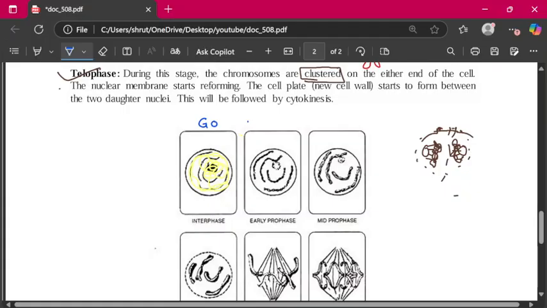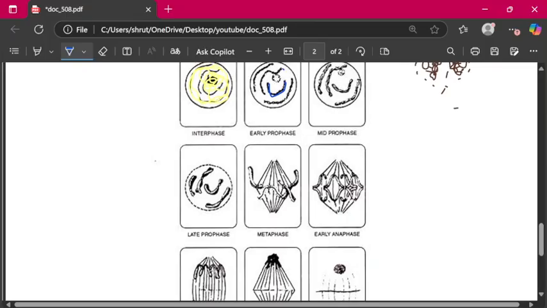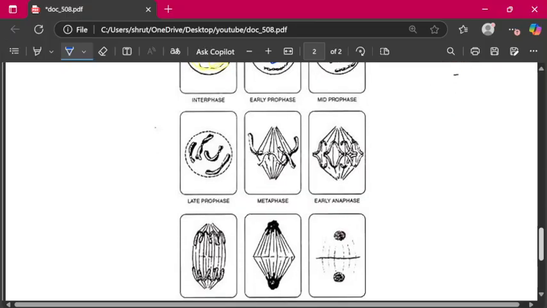In the early prophase, you can see the chromosomes in a condensed form, and in the mid prophase, you can see the chromosomes start to dissociate, or we can say start to become loosely packed. Here again they become loosely packed.